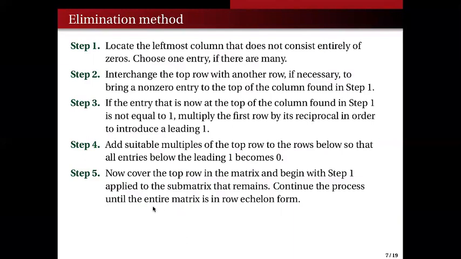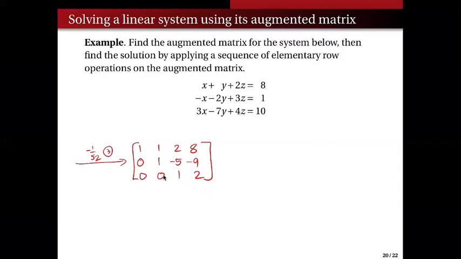Continue the process until the entire matrix is in row echelon form. This is in row echelon form. This is a leading 1, leading 1, leading 1. The leading 1 on the lower row, for example, the leading 1 on the second row is to the right of the leading 1 of the first row.